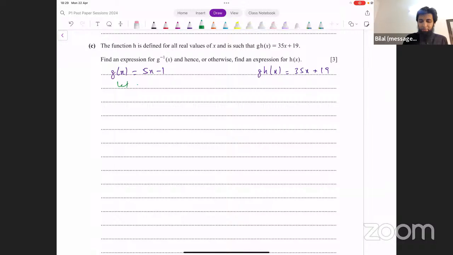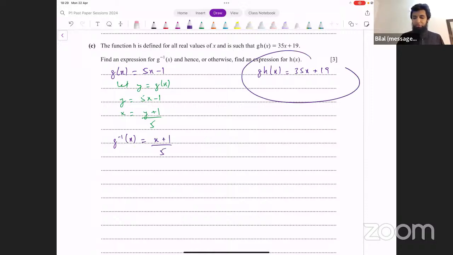You say let y equals g of x, and that gives you y equals 5x minus 1. You make x the subject, and that gives you x equals y plus 1 over 5. And the function g inverse turns out to be x plus 1 over 5. This is g inverse. Now we are given that gh of x is 35x plus 19.